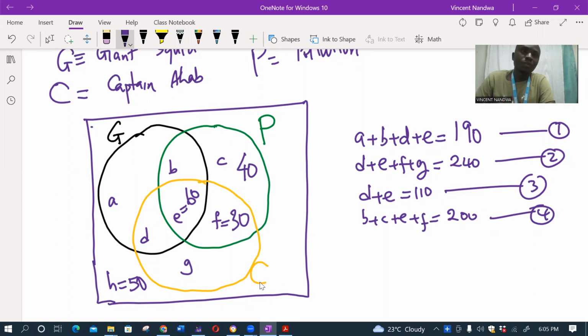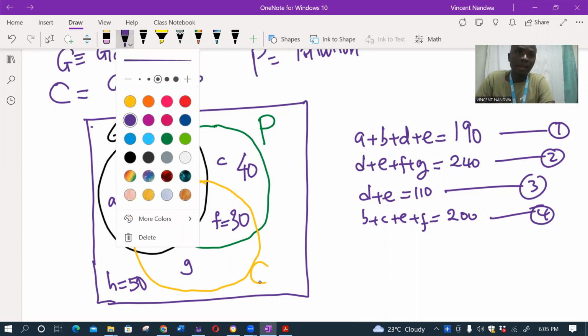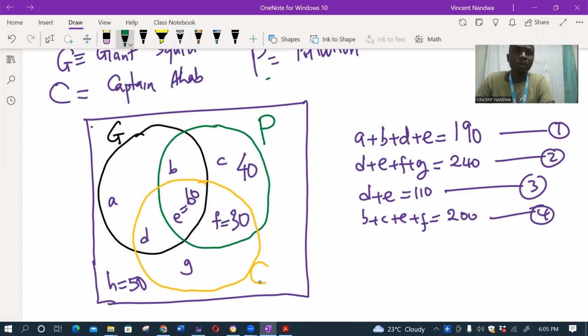So with this information, let's get the other unknowns and we will be able to respond to the 4 parts of the question. If D plus E is 110, and we already know E is 60, so D will be 110 minus 60, which will be 50. So we fill this by 50.